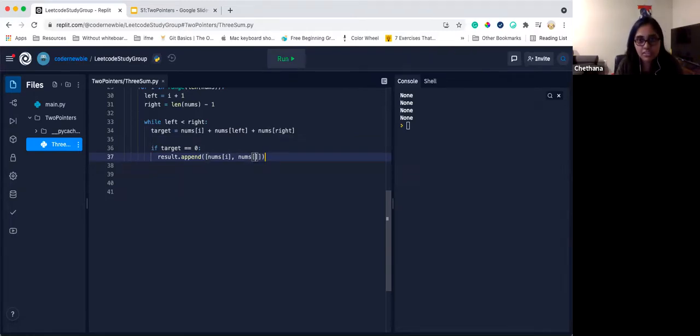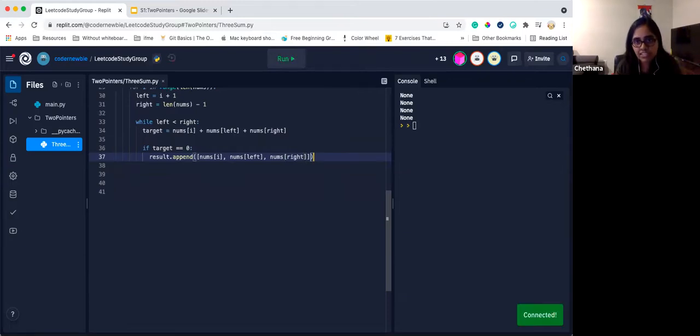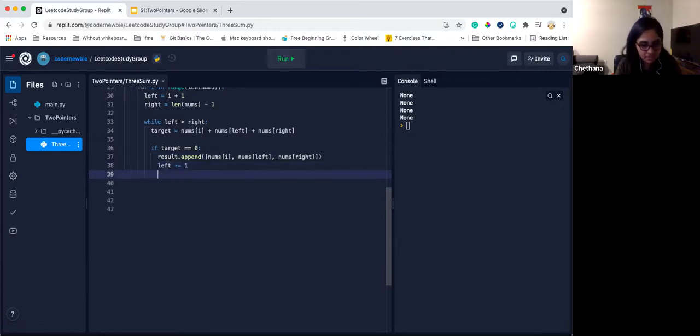This triplet is a good pair, so we add it here. Then we increment our left by 1 and decrement our right by 1. We move them closer so that we get more triplet sets.